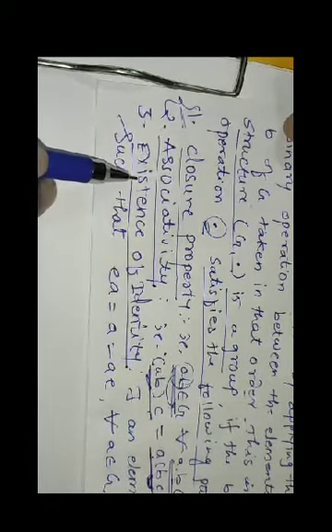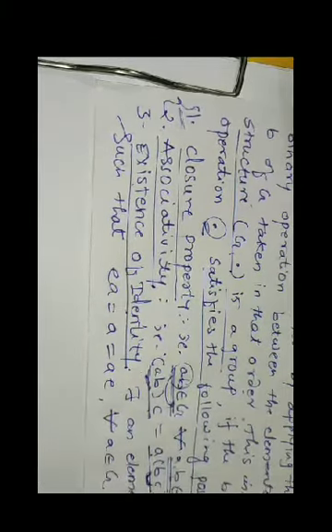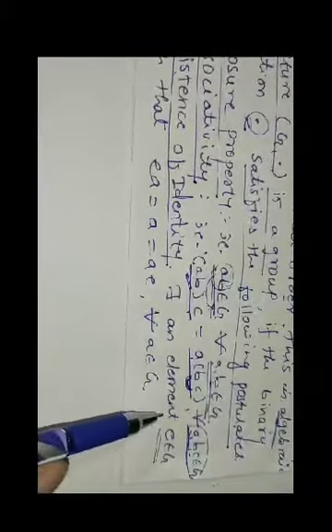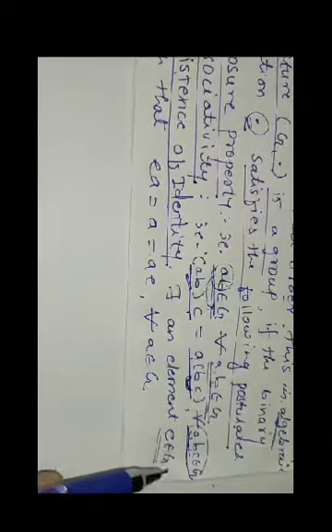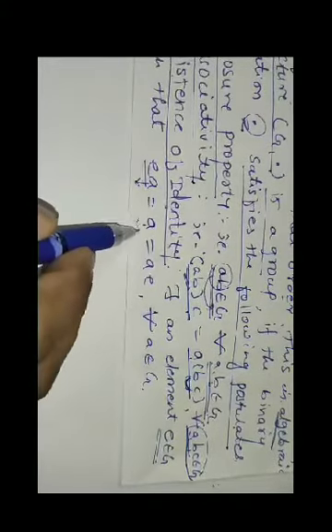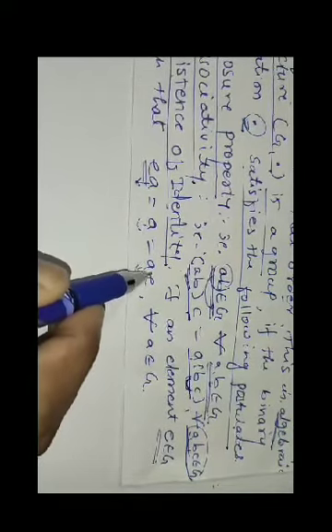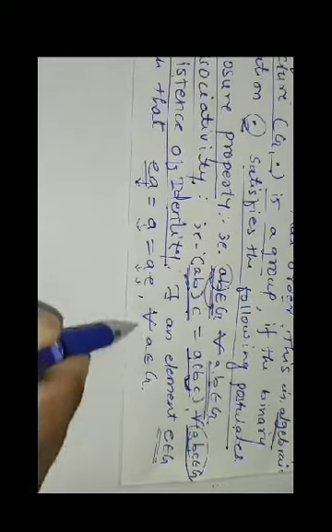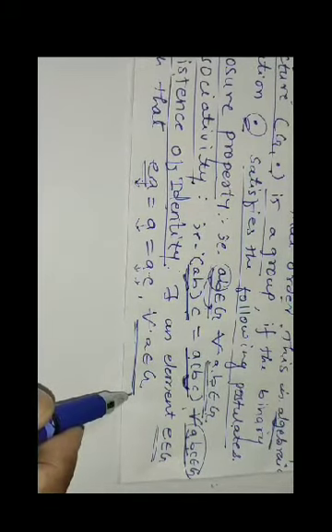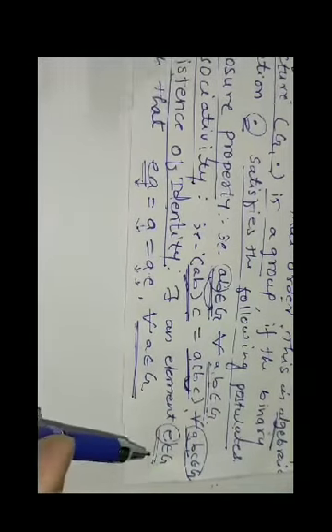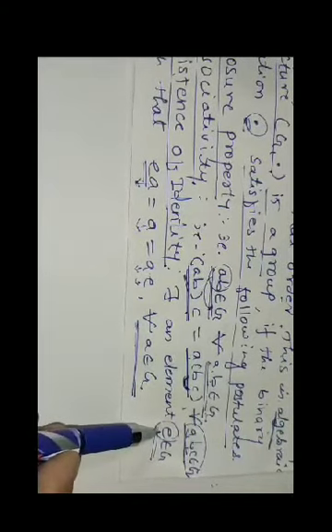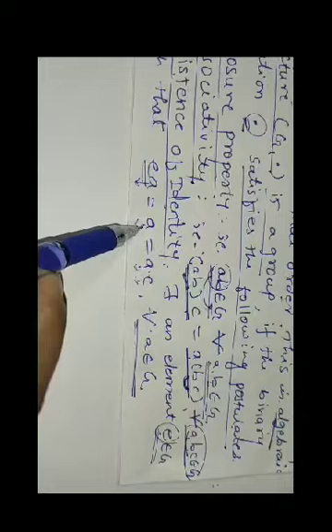Now this is the existence of identity. Existence of an identity means there exists an element E belonging to G, such that E applied with any element A of G gives that element, and that element applied with E again gives that element, for all A belonging to G. So this is the third and very important postulate, the existence of identity.